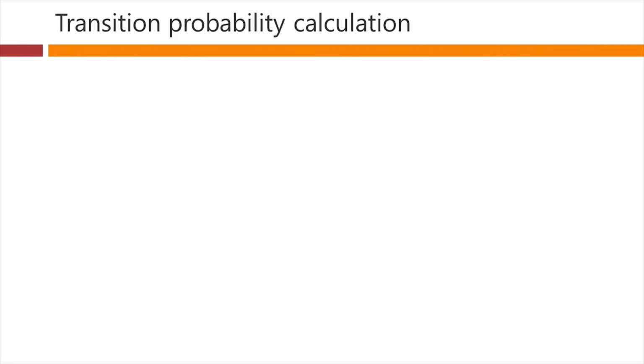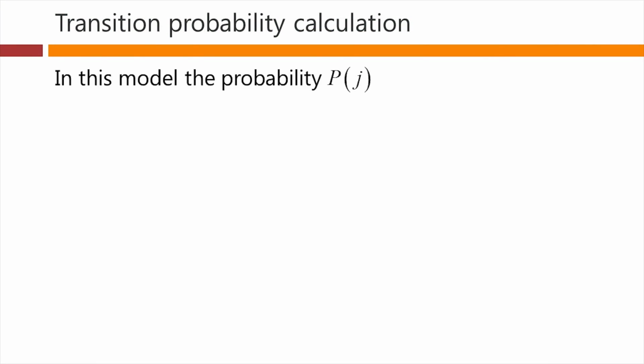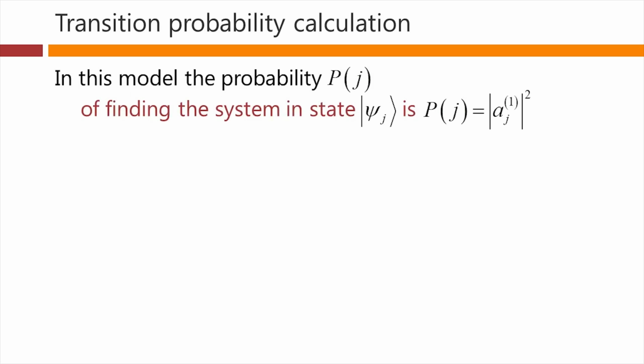In this model then, the probability pj of finding the system in state psi j is, of course, just the modulus squared of the expansion coefficient. And that's the first order expansion coefficient we've calculated here. Remember, the 0th order one was 0 because we started out in state m, which we presume is different from state j.